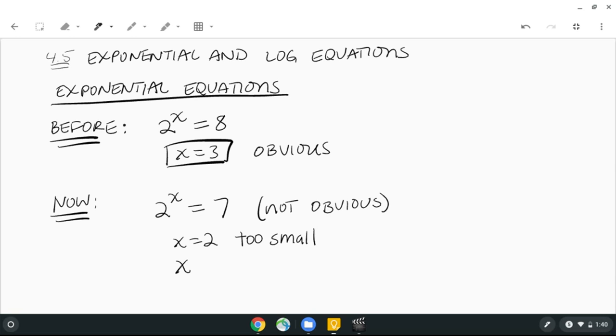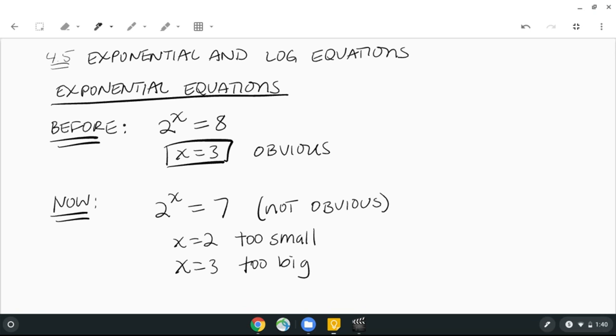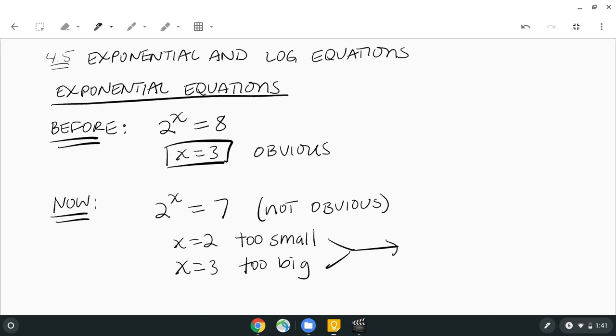And if we try x equals 3, that's too big, right? Because if we plug in 2, we get 4. If we plug in 3, we get 8. Okay, so we want 7. So that must mean that our answer must be somewhere between 2 and 3.